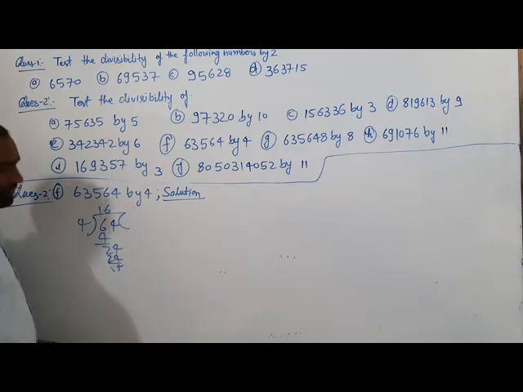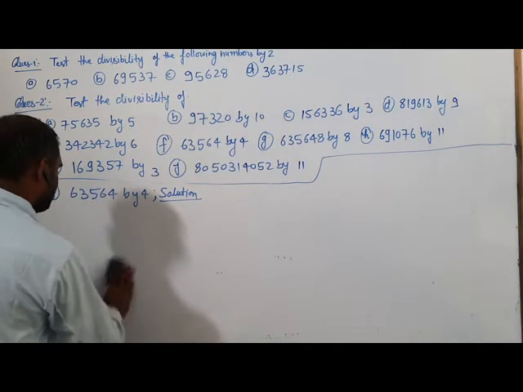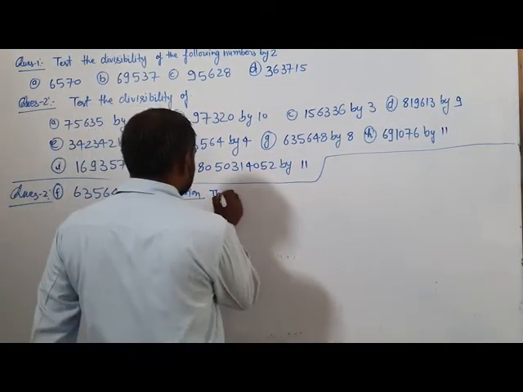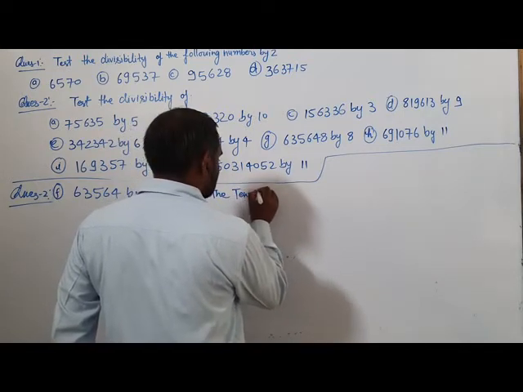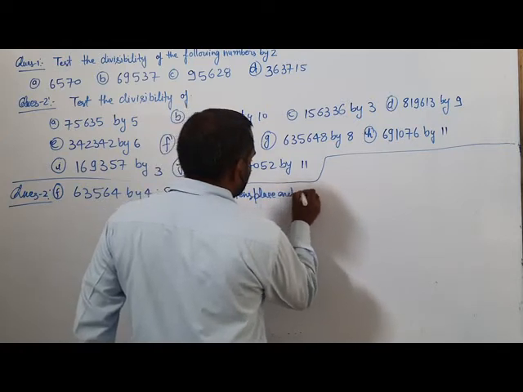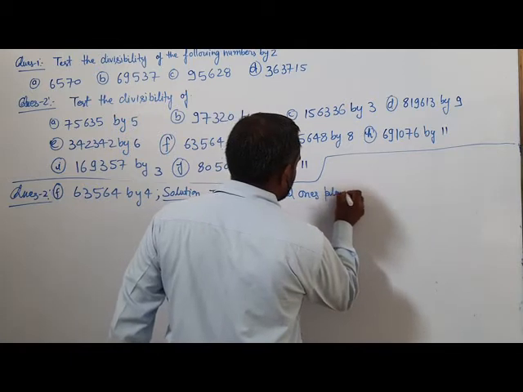64 is divisible by 4, the tens place and ones place.